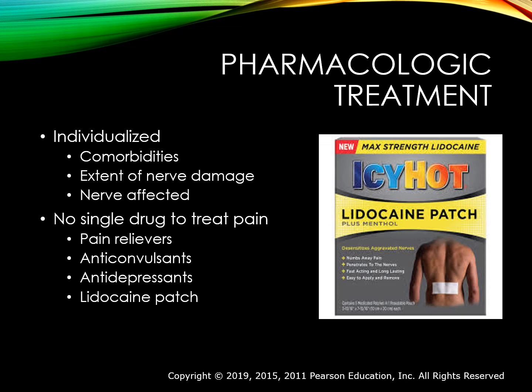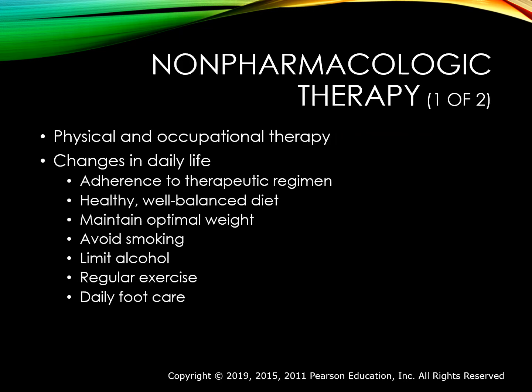And Topamax and Tegretol are both long, old standing drugs. The tricyclic antidepressants, Elavil and Pamelor, and then your SNRIs, which are your Cymbaltas. A lidocaine patch, and that's a patch that's put on, and you see a picture here. It helps relieve the pain.